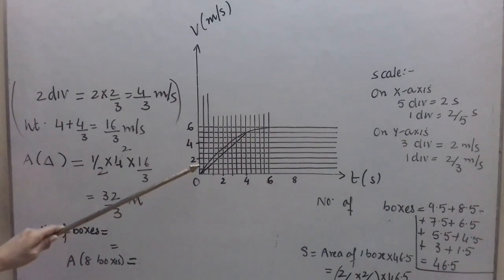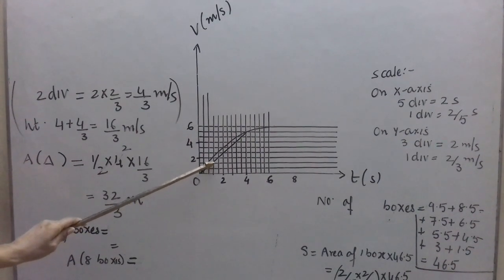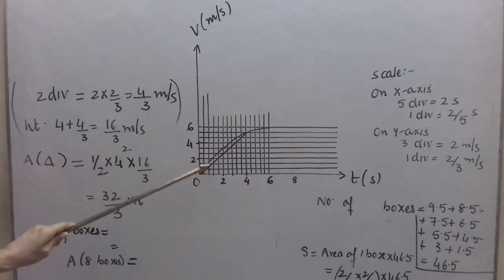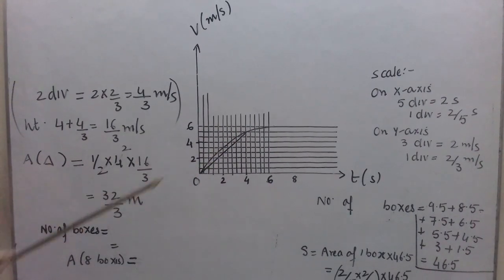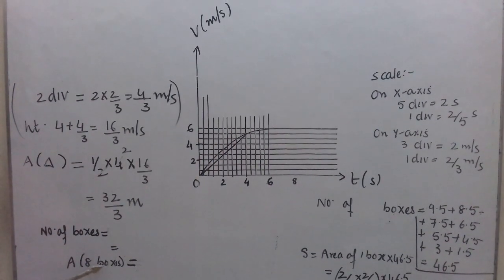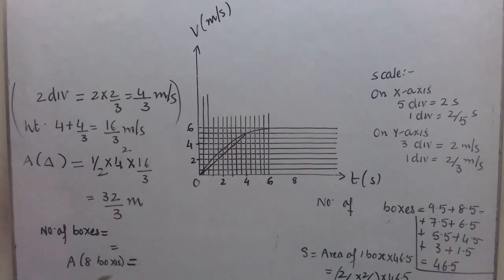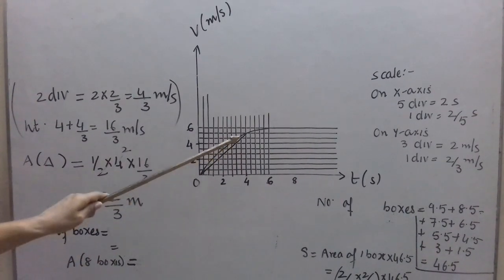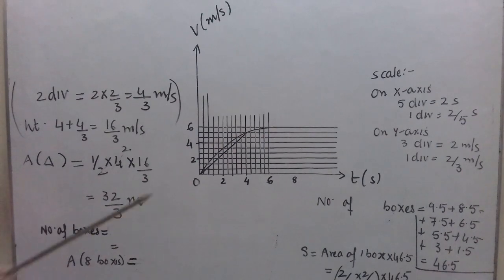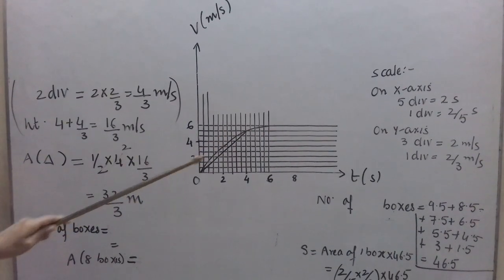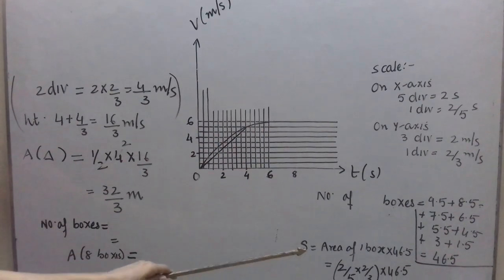Then we can find the number of boxes in the region between the two lines. We can find out the number of boxes and the area of those boxes as we have done there. You can count the number of boxes and find the area by using the area of one box.